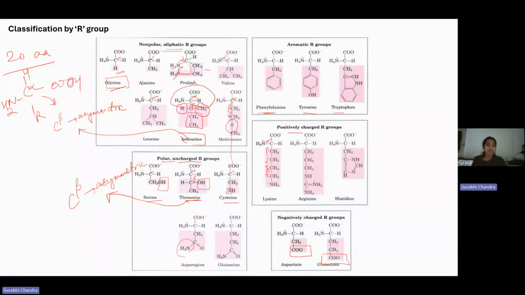So let's briefly look at the abbreviations as well as the one letter codes of all these amino acids.